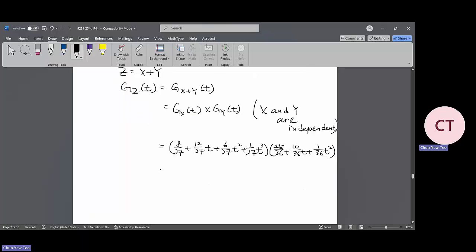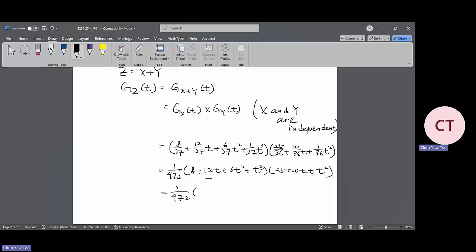Usually we will factorize the denominator out. So take 27 multiplied by 36, you get 1 over 972. Then you have (8 + 12t + 6t squared + t cubed) and (25 + 10t + t squared). That will be easier to multiply. So you just need to spend some time to multiply, expand, and then simplify yourself. Then you should be able to get the answer.